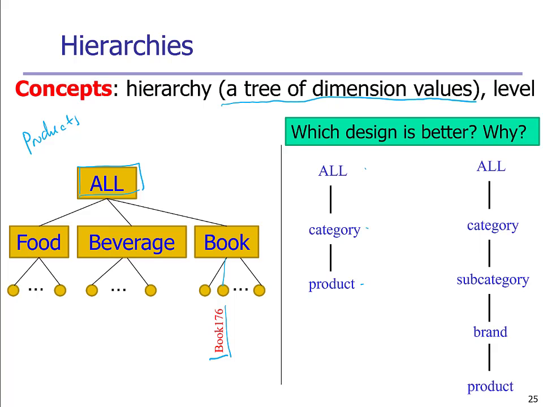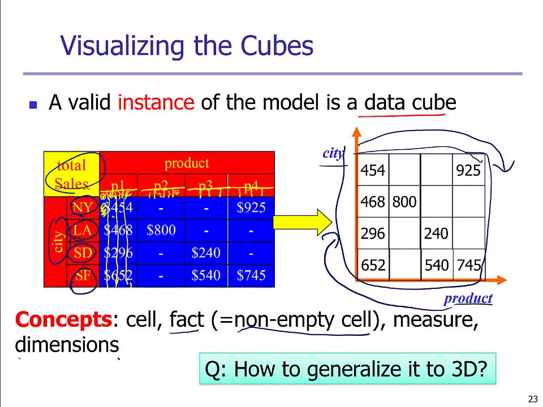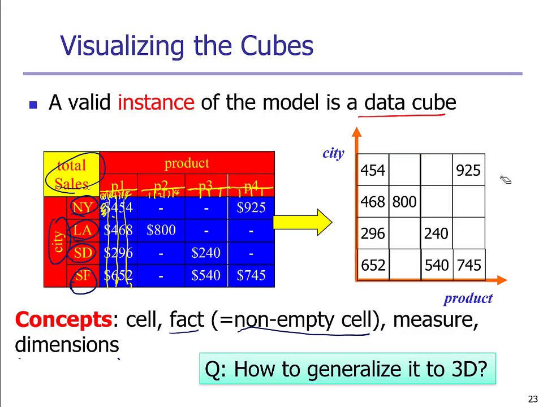For example, we use this two-dimensional data cube as the example here. Here we have different cities, and we have different products. Let me draw it here.